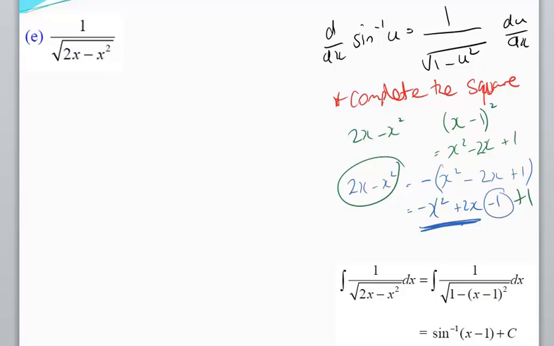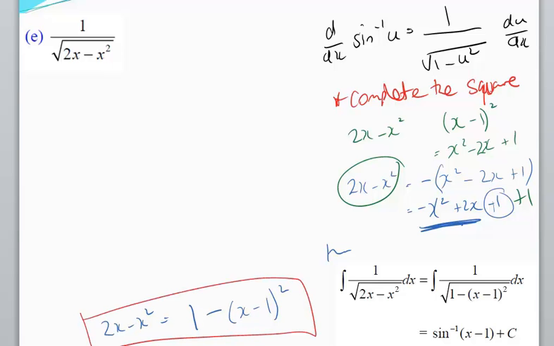So now what we end up with here, we'll write the whole thing out over here. 2x minus x squared will be the same as 1 minus, because we've already multiplied this by a negative, x minus 1 all squared.